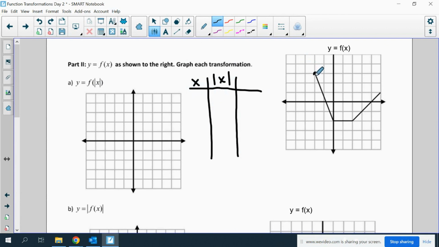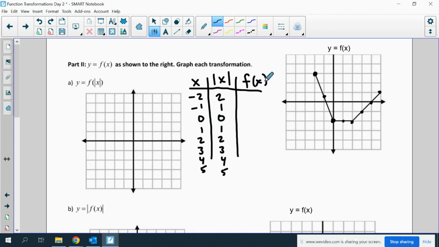So if I just look at some of these values, when x is negative, that changes what happens inside the absolute value to a positive number. But everything that's 0 or positive, the x value remains the same.